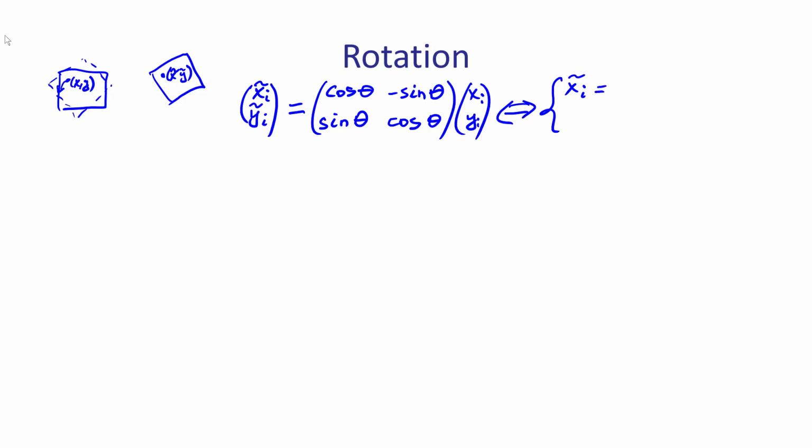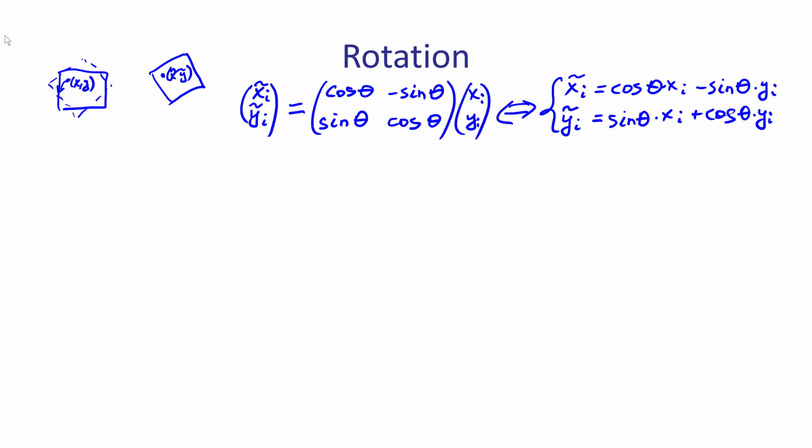xi tilde equals cosine theta multiplied by xi minus sine theta multiplied by yi, and yi tilde is sine theta multiplied by xi plus cosine theta multiplied by yi.